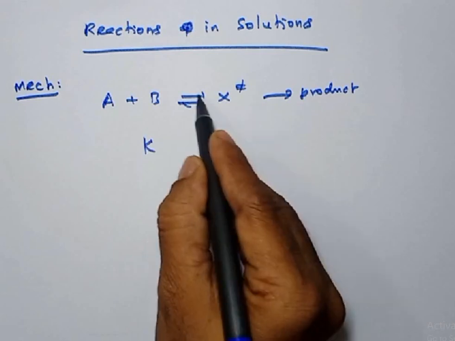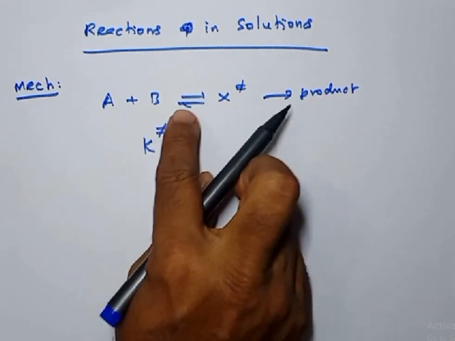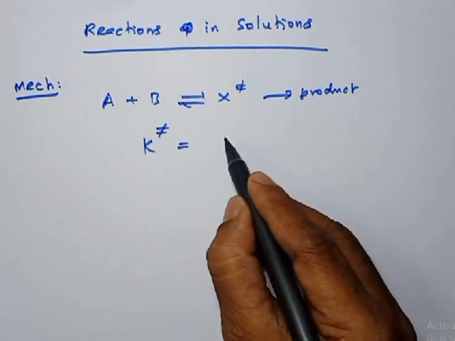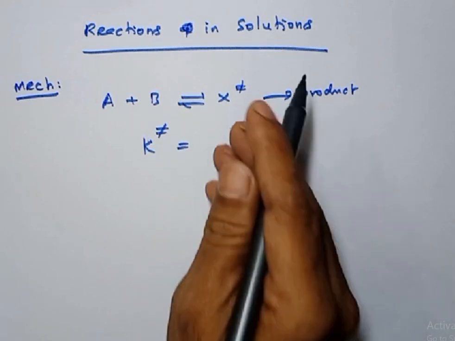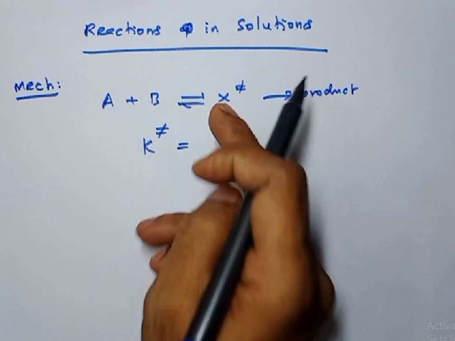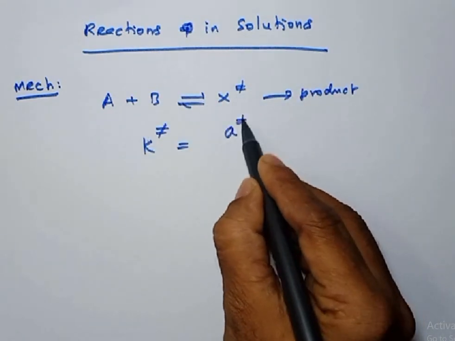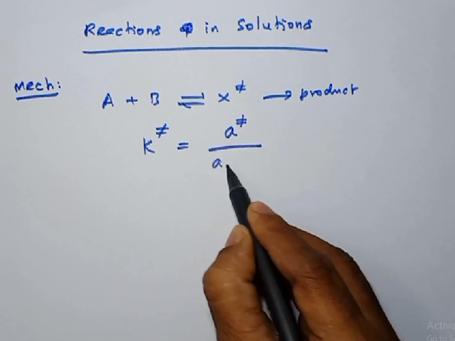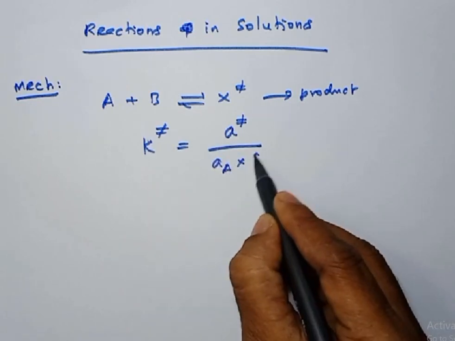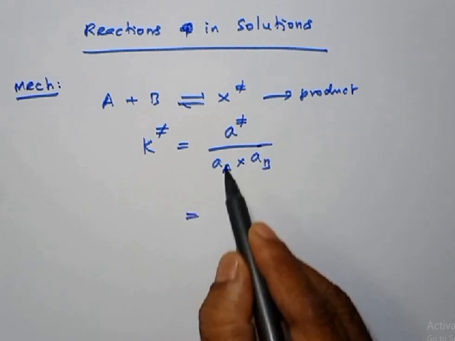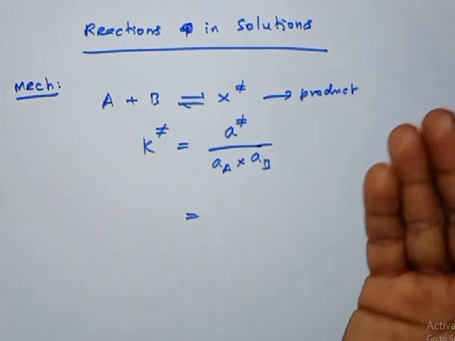Now, for this quasi-equilibrium, the equilibrium constant is equal to, instead of concentration, I'm going to use activity terms. Activity of the activated complex by activity of the reactant molecule A into activity of the reactant molecule B. Now you know very well what activity is: concentration into activity coefficient.